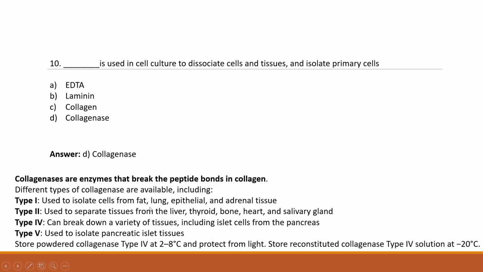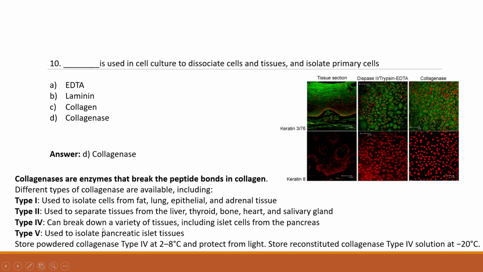To isolate cells from fat (adipose tissue), lungs, epithelial cells, and adrenal tissue, we mostly use type 1. To separate tissues from liver, thyroid, bone, heart, or salivary, mostly glandular, bone, or heart cells, you use type 2. Type 4 is used for islets from the pancreas, and type 5 is also used for pancreatic islet tissue.